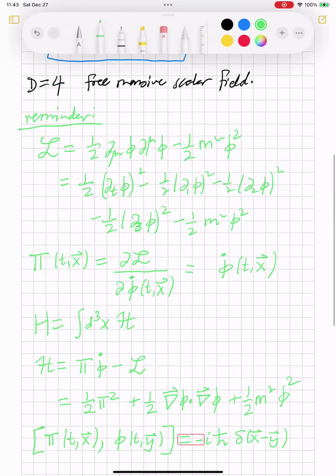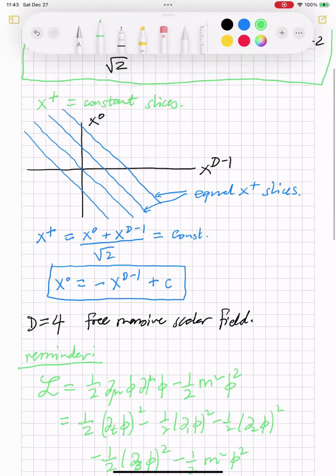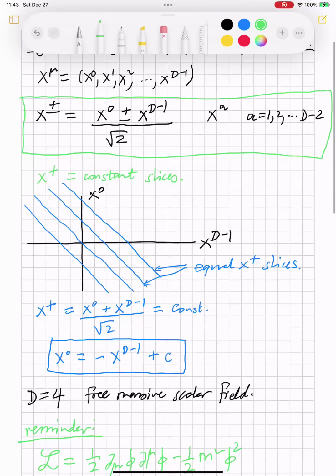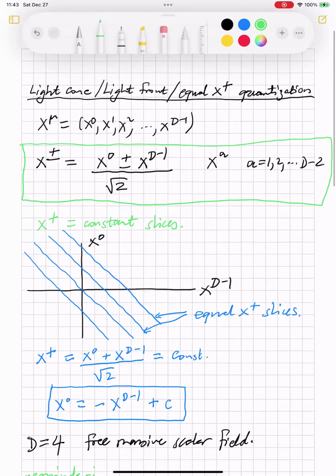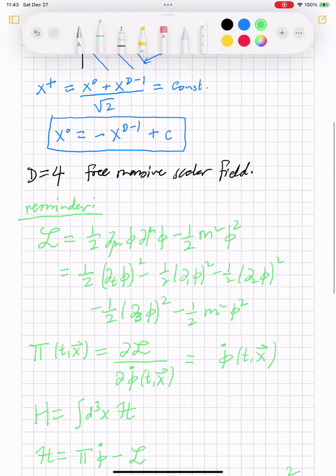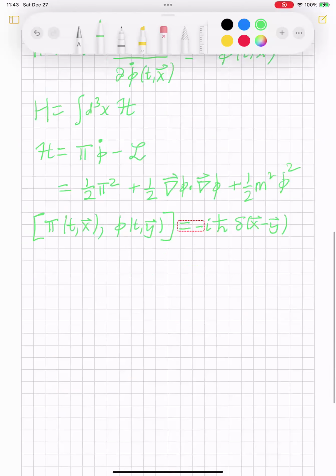Now, let's write down the formulas for a light front or equal x plus quantization. So now this is equal x plus. So x naught is equal to x plus plus x minus over the square root of 2.